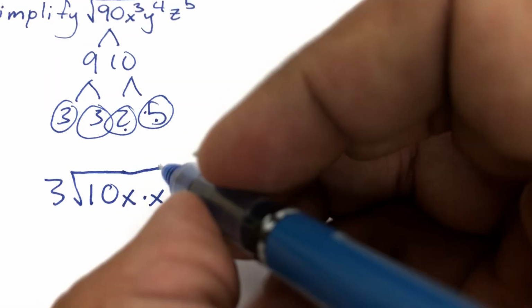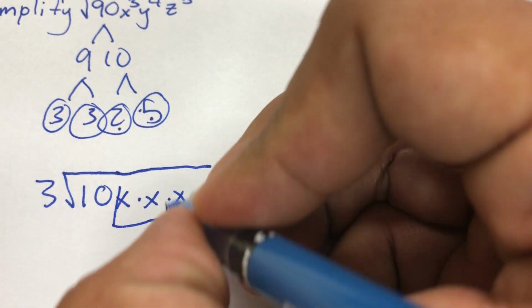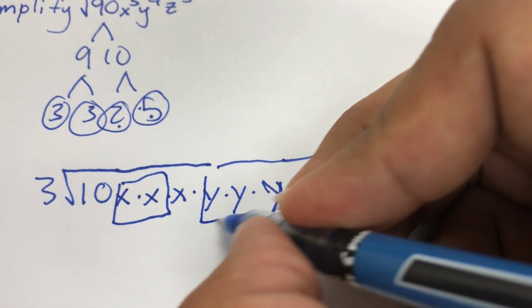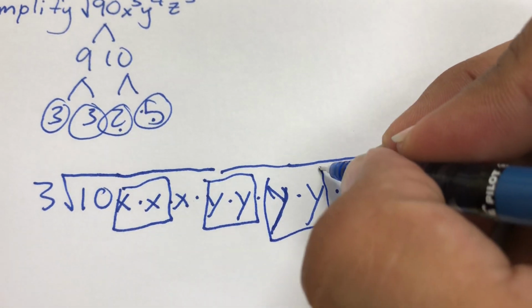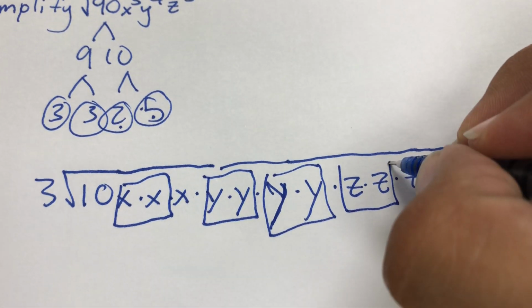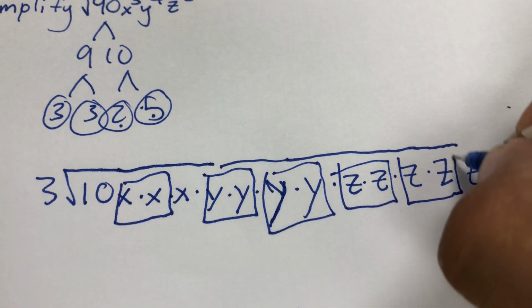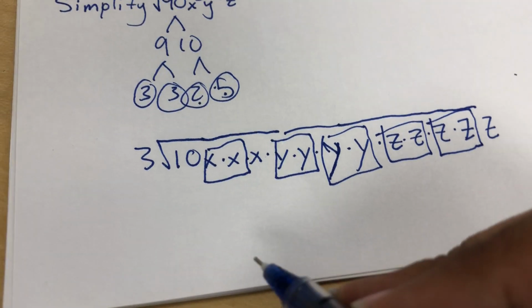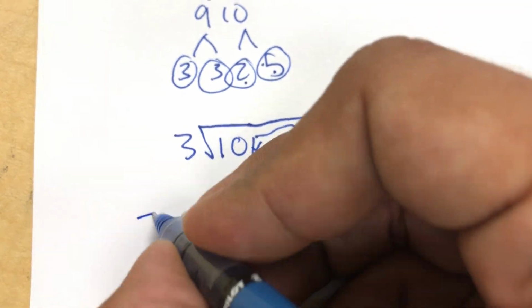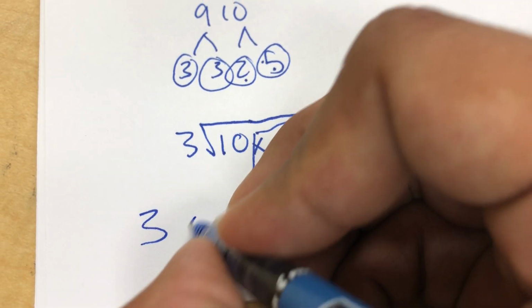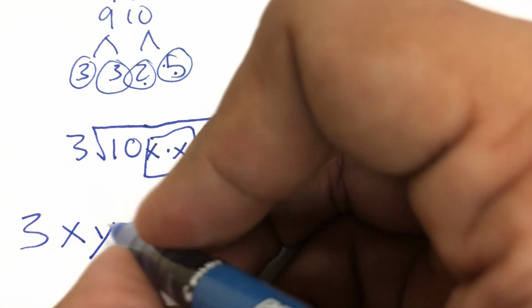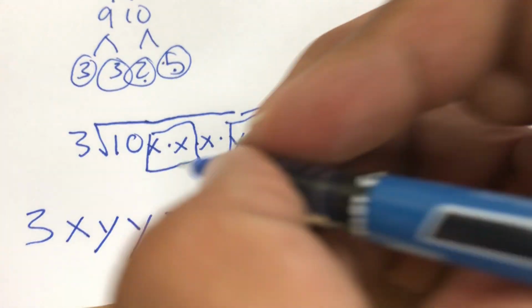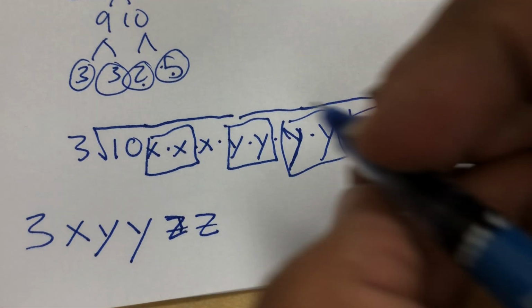So this is the long way of doing it, right? Let's find all our pairs. So this is going to become x, this is going to become a pair of y's, this is going to become a pair of z's, this is going to become a pair of z's. So on the outside is going to be 3, x, y, another y, another z, another z, and that's it.